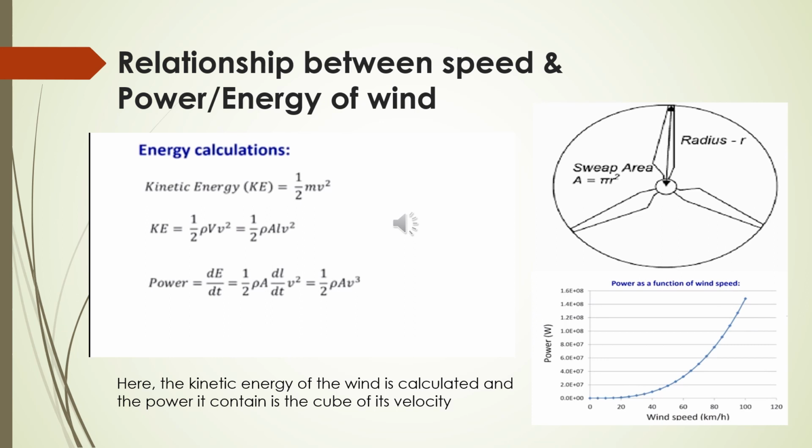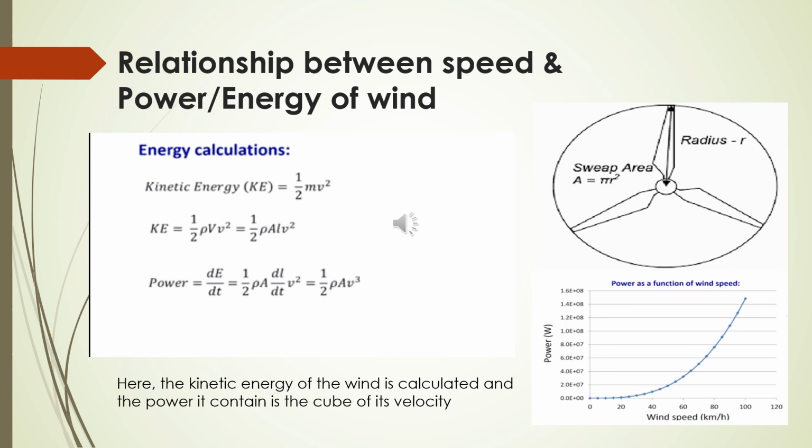So by this, the kinetic energy of the wind is calculated, which is half rho into A into L into the square of the velocity, and the power we also get, which is equal to half rho into A into the cube of the velocity of the wind. So we can say the power of the wind energy varies with the velocity of the wind.